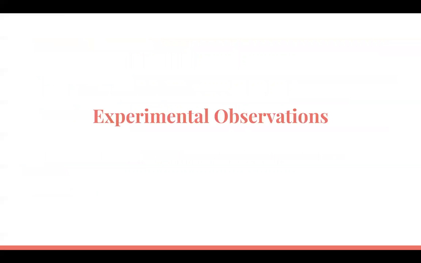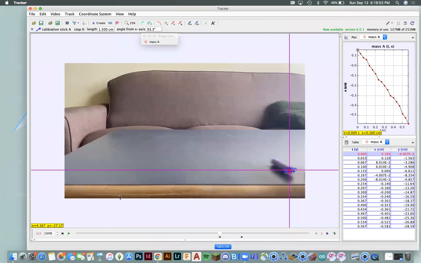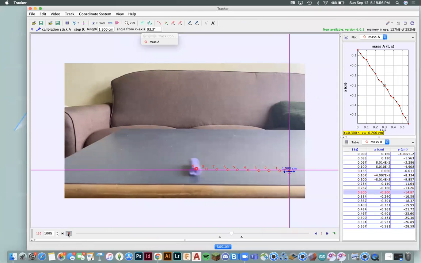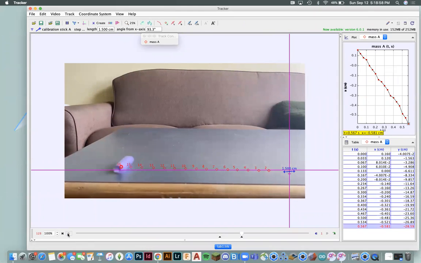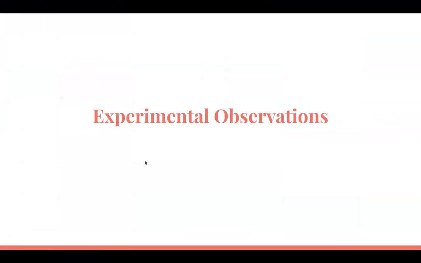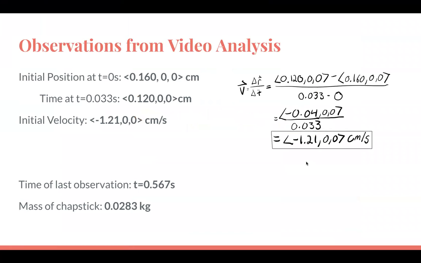And so for the experimental observations, I recorded a video of my chapstick rolling across the table and took samples of the positions versus time as it rolled across the table using the tracker software. And from that tracker software, I gathered information like the initial position, which is located at 0.16 at t equals 0.